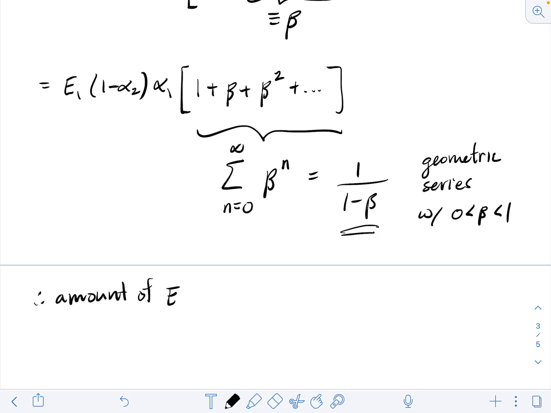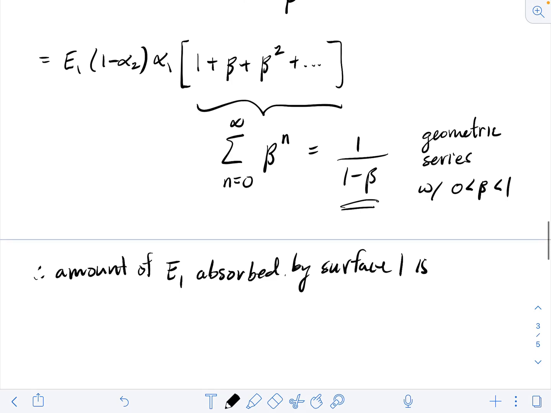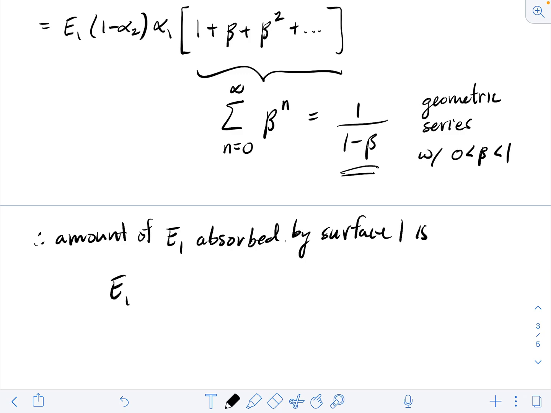Okay, so the amount of E1 absorbed by surface 1 is E1 times 1 minus alpha 2 times alpha 1 divided by 1 minus beta.